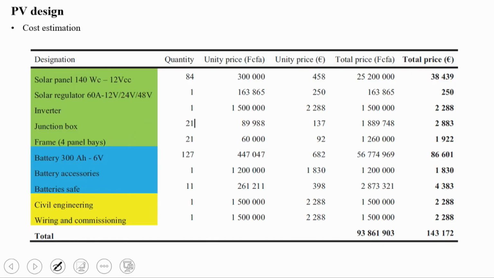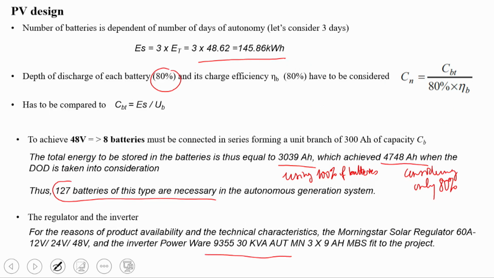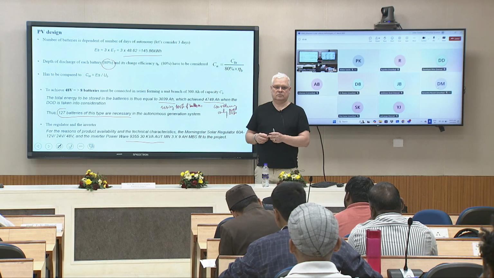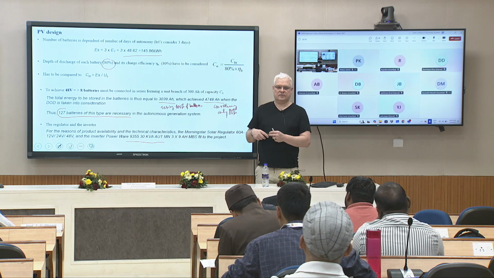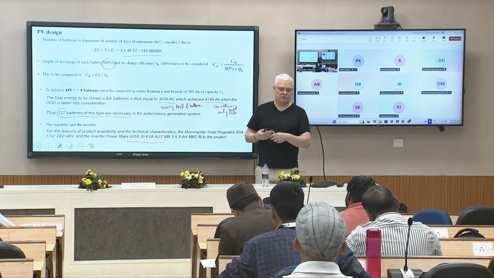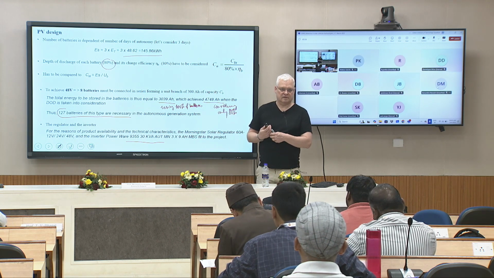Oh, this is to finish on the cost estimation, depending on the price that I gave before, okay? So you see, it's quite simple. If you have further questions about the installation, you can write to me.